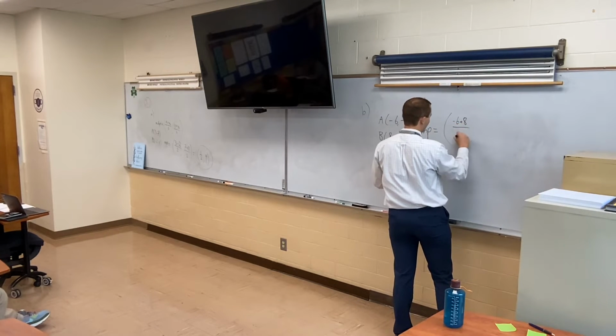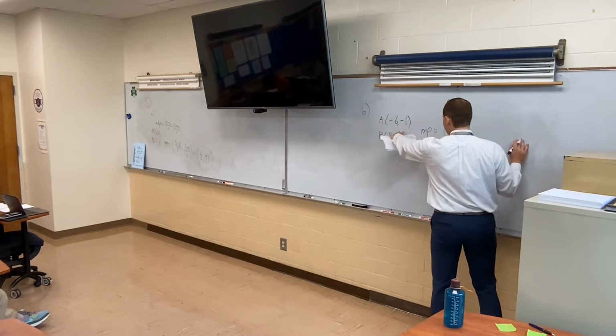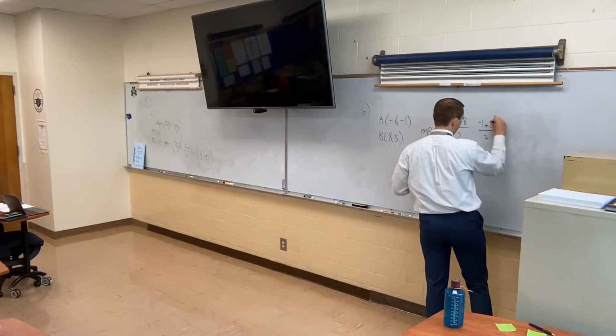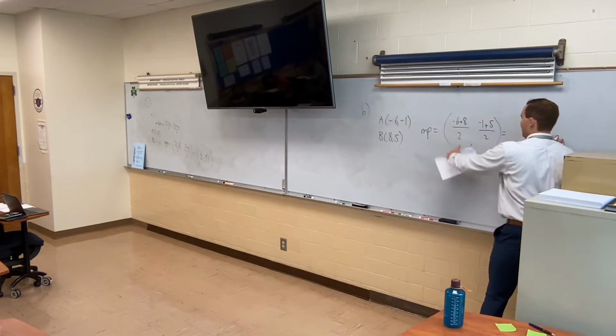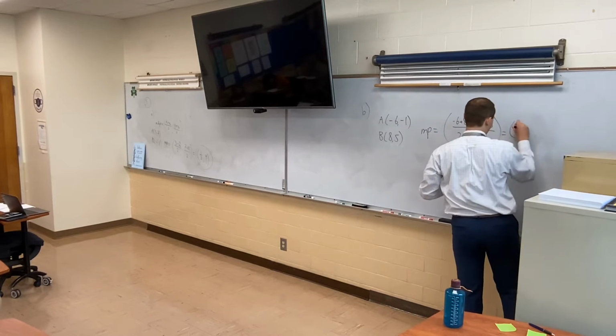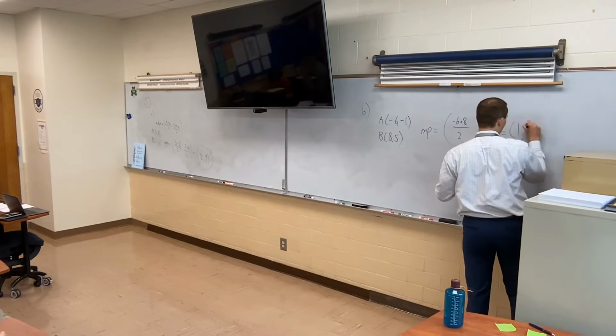That's all going to be over 2. Then for the y coordinate of my midpoint, add my y's, -1 plus 5. That's all going to be over 2. Okay. -6 plus 8 is 2. 2 over 2 is 1. -1 plus 5 is 4. 4 over 2 is 2.